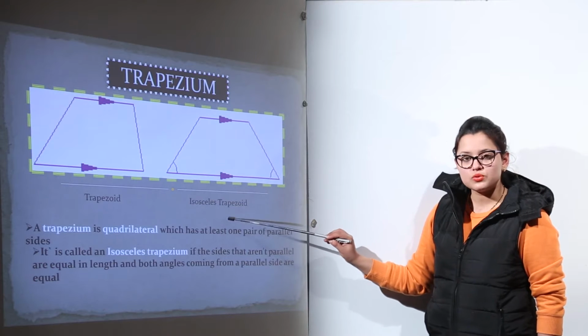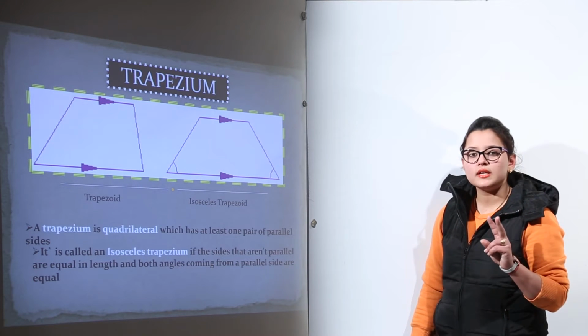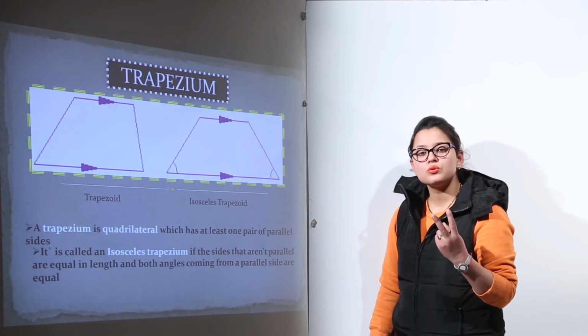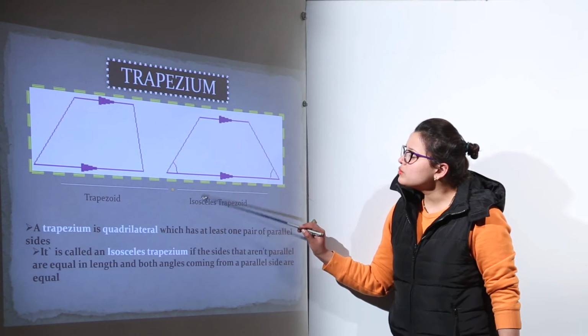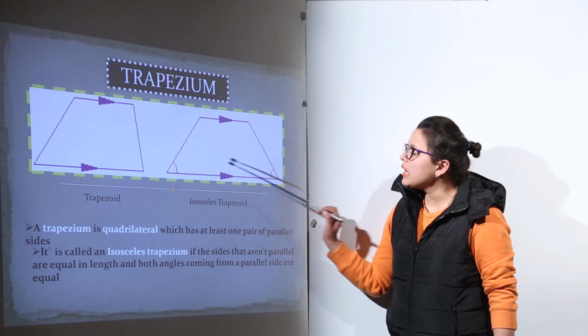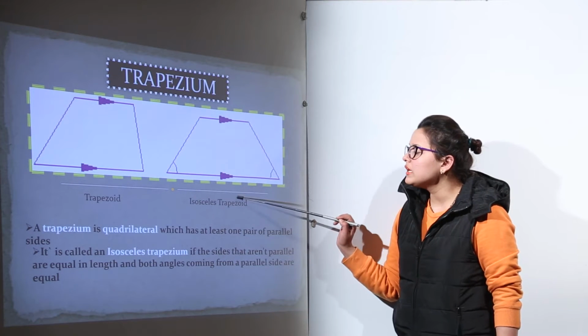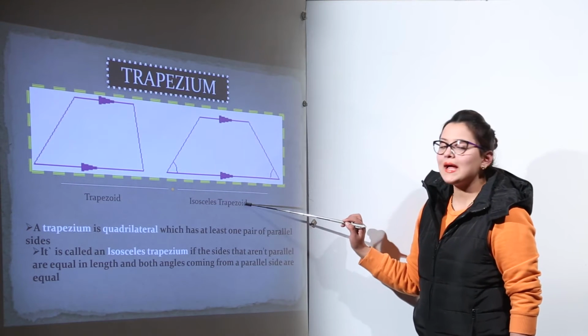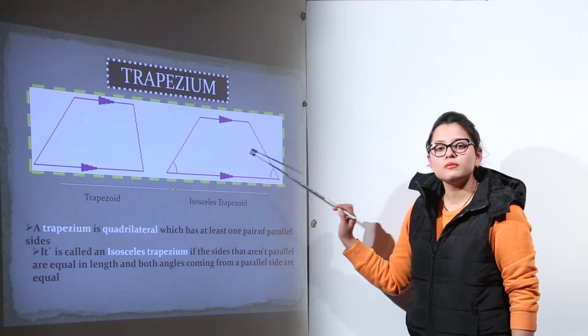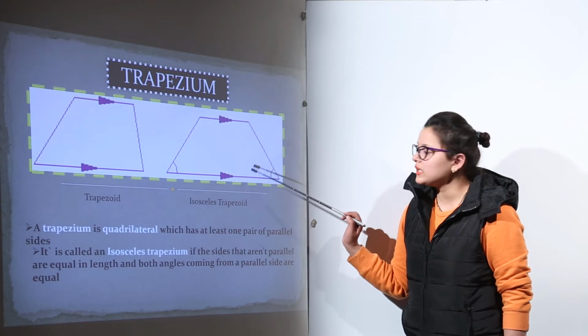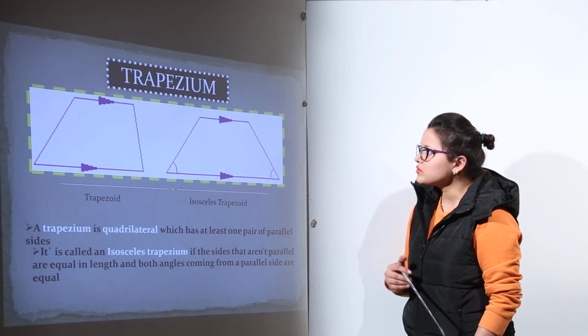Isosceles, by the word isosceles we mean two sides, that means quantity 2. Isosceles is used for quantity 2. So we say that two angles of a trapezium are equal in isosceles trapezoid and two sides are also equal, two non-parallel sides are equal to each other in an isosceles trapezoid.